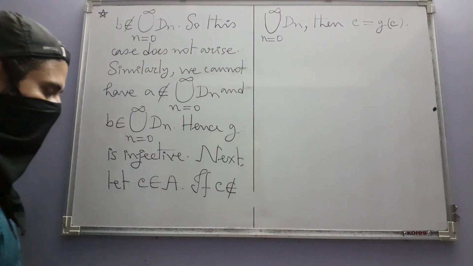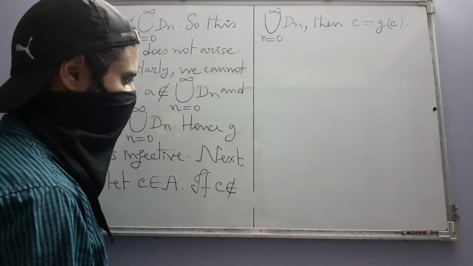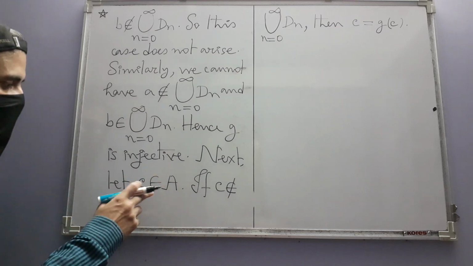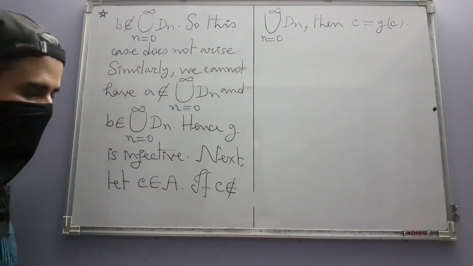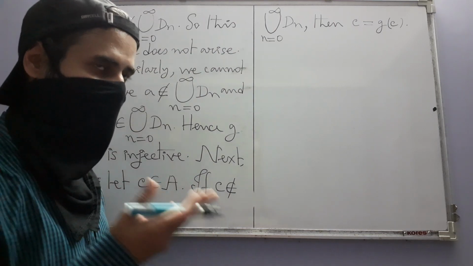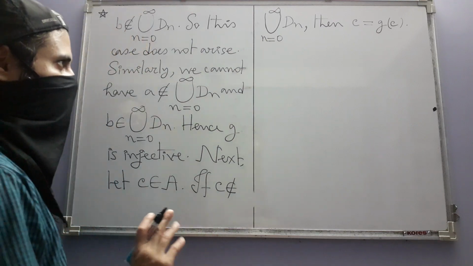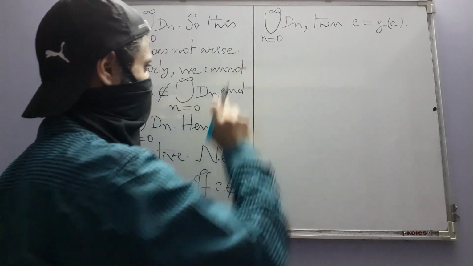Let's see for a moment if this makes sense. Where are we choosing C from? We are choosing C from A. Because A is a subset of B, C is after all an element in B, and that element does not belong to the union of the Dn's.